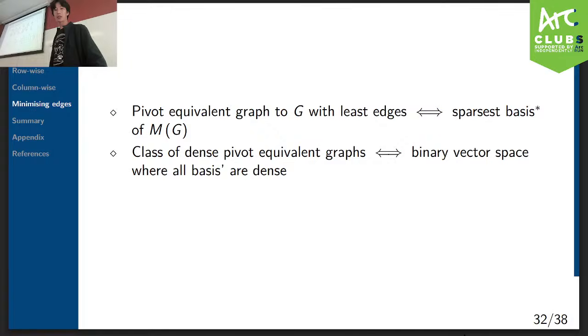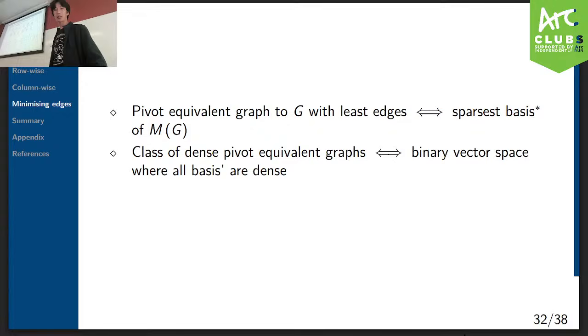The two things that I was looking at: finding a pivot equivalent graph with the least edges is finding the sparsest basis of the graphic presentation with some restriction. And I show that this is NP hard. And then I show that there are pivot equivalent graphs which are dense, and where every graph pivot equivalent to it is also dense.